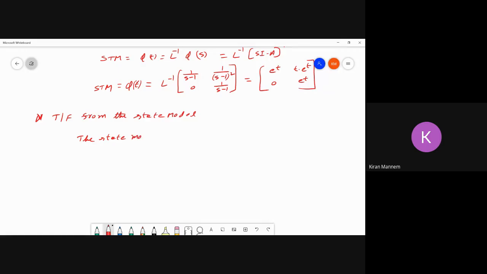The state model is x dot of t is equal to A into x of t plus B into u of t, and y of t is equal to C into x of t plus D into u of t, right? So take Laplace transformation both sides, right?